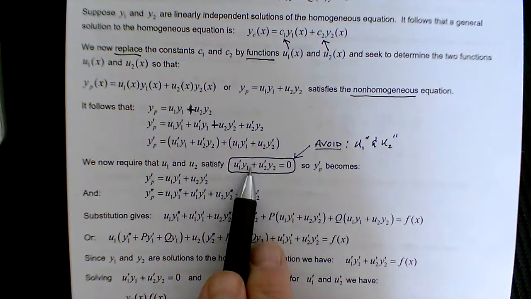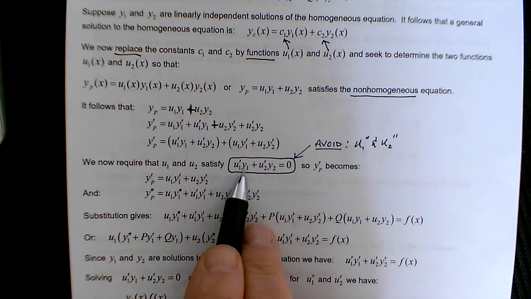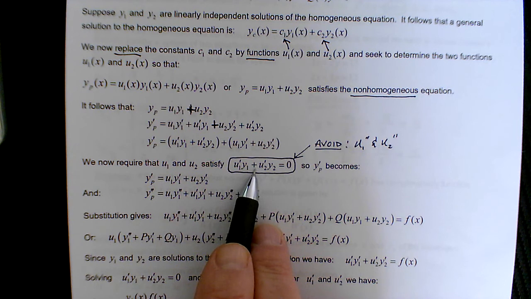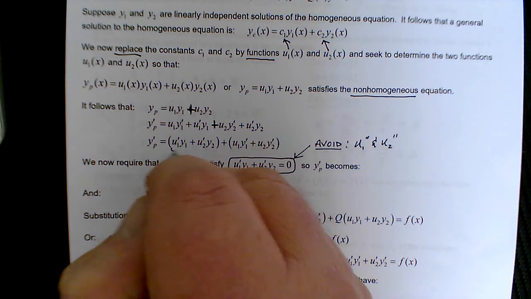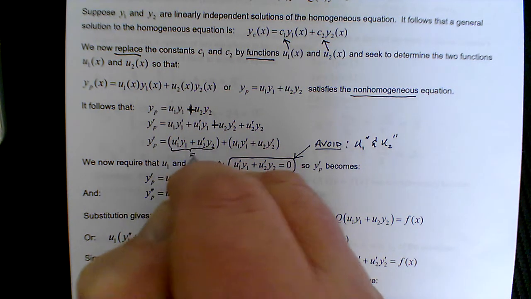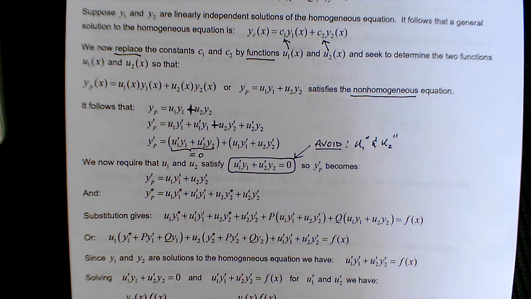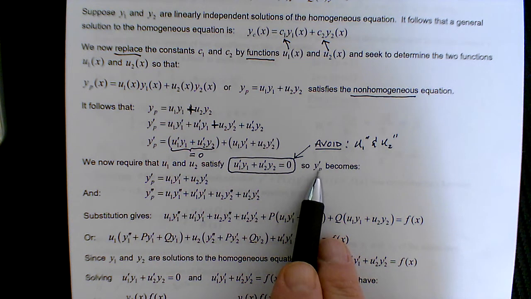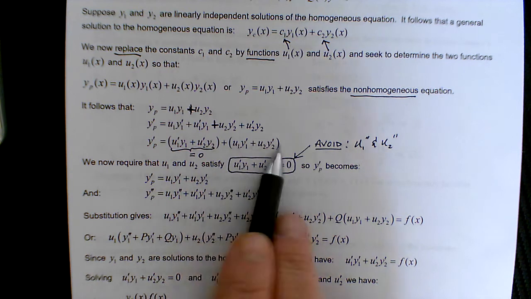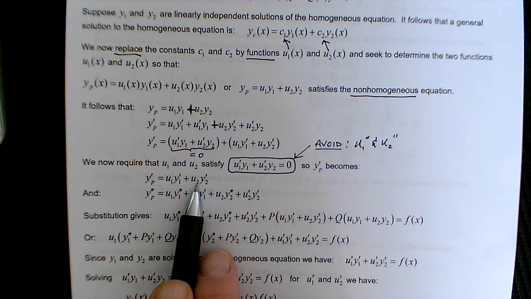So we force this term, u1 prime y1 plus u2 prime y2, to be equal to 0. And notice that that is this term right here. So we impose that condition. So then y sub p prime becomes just this term, u1 y1 prime plus u2 y2 prime.